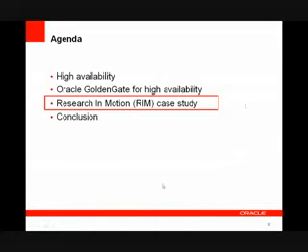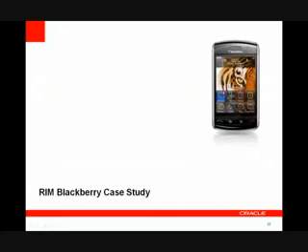Okay. So I continue then with one of our largest customers, which is Research in Motion, which manufactures these Blackberry devices you may have seen. And the way it manufactures this is like global organizations work today.